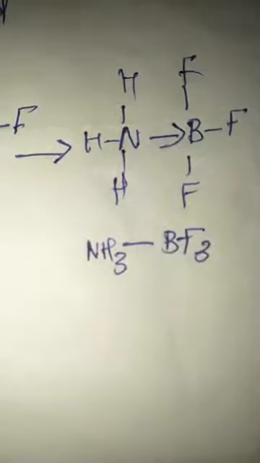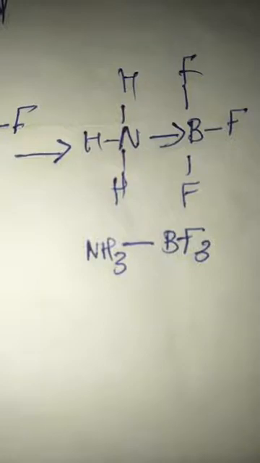Here nitrogen, that is ammonia, has two non-paired electrons. They are donated to which one? Boron trifluoride. Boron trifluoride does not have any electrons to share with the other. So it gets two electrons from ammonia and they link.